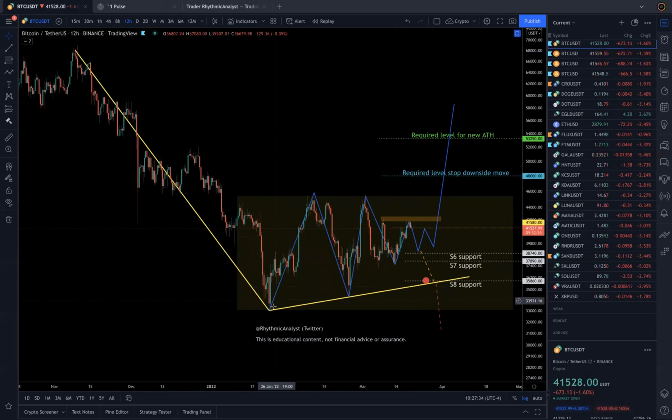It has gone down. Now it is consolidating. It is as simple as that. Nothing fancy about it. Now if it comes down to this, then it's a risk. If it comes down to this, it's an opportunity, and these are the two levels. So simple, right? So this is 12 hours.